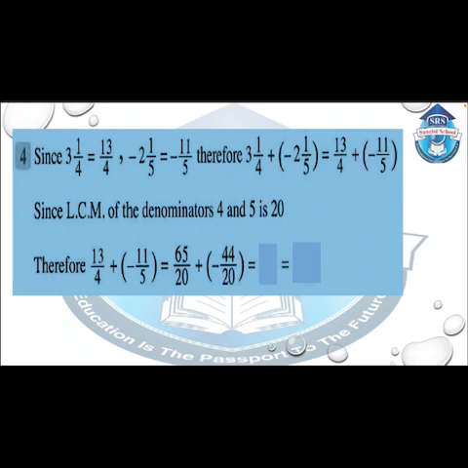Now I will add by keeping the same denominator, which will be 20, and in the numerator I will write 65 plus negative 44, which will be 21 over 20. 21 over 20, I will change it again into a mixed number, which will be 1 and 1 over 20.